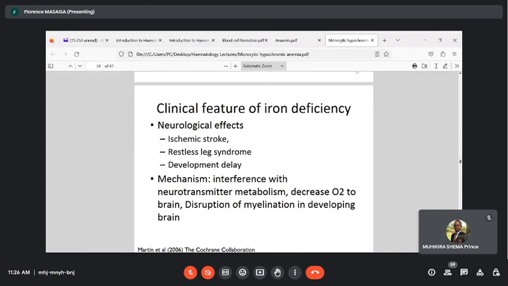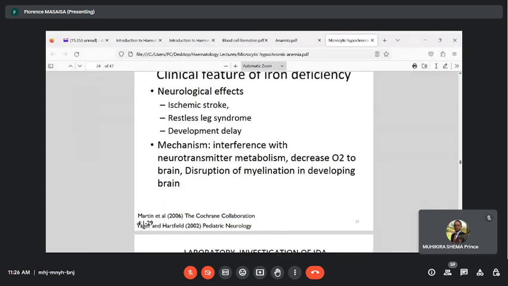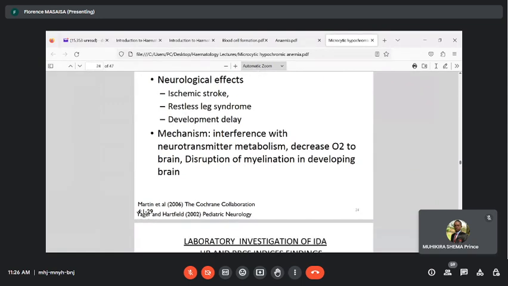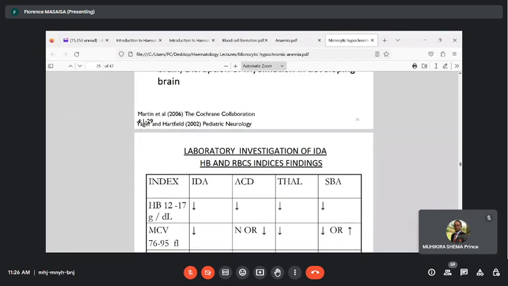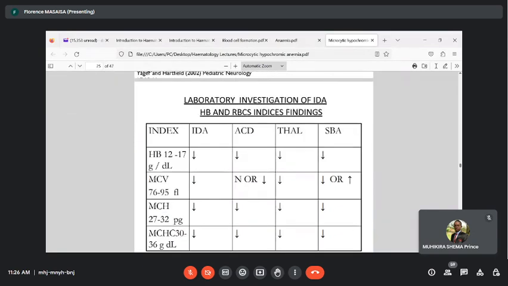Again, they may have issues with neurotransmitter metabolism, decreased oxygen to the brain, and so on. Those are the predicted mechanisms. In the laboratory, the key thing to think about for iron deficiency is the dosage of ferritin.